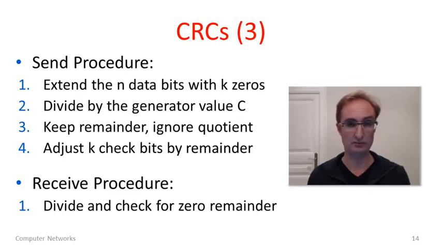Keep that, ignore the quotient from the division. And using this remainder, you adjust the check digits by the remainder so that they will be evenly divisible. The receive procedure is to simply divide the whole thing, including the CRC bits, the check bits at the end, and once you've divided it, check that the remainder is 0. If that's the case, there'll be no errors in the packet.